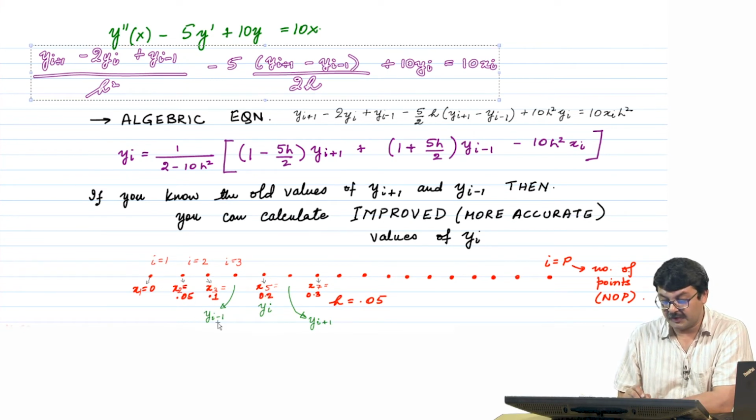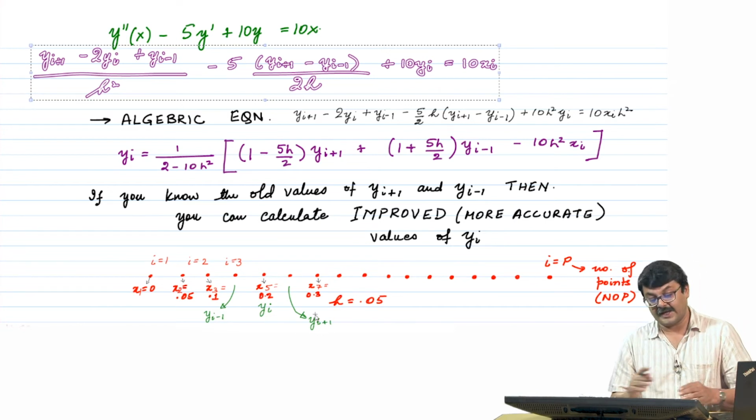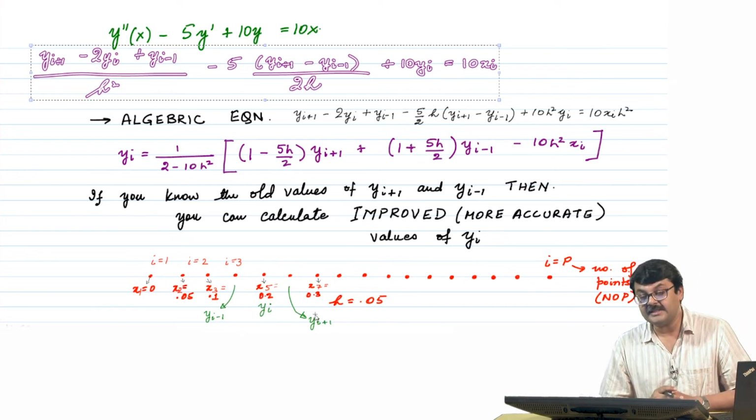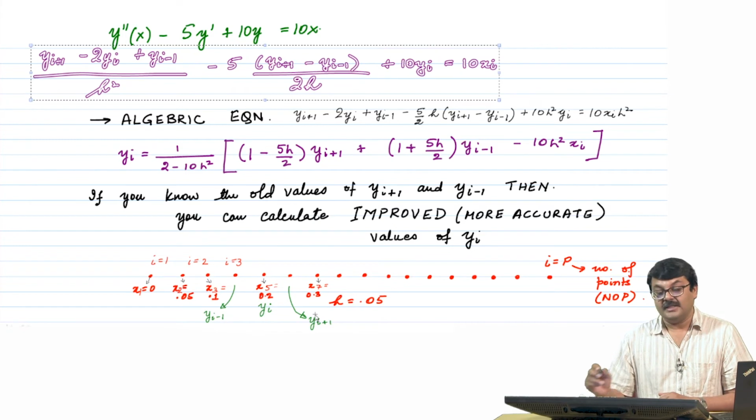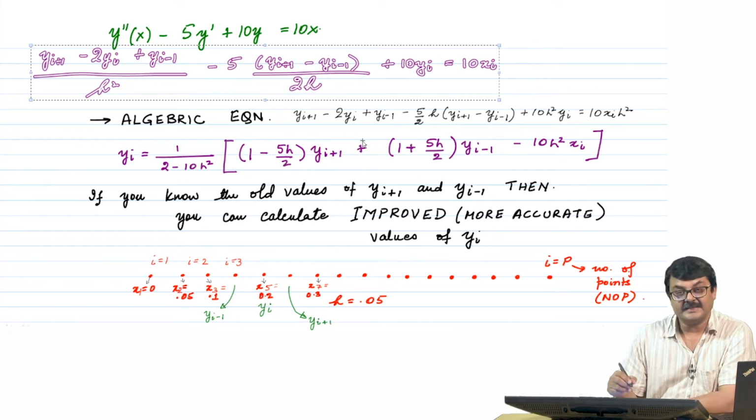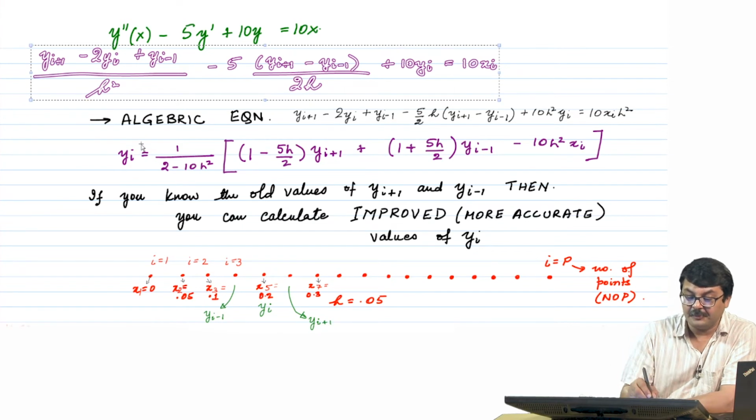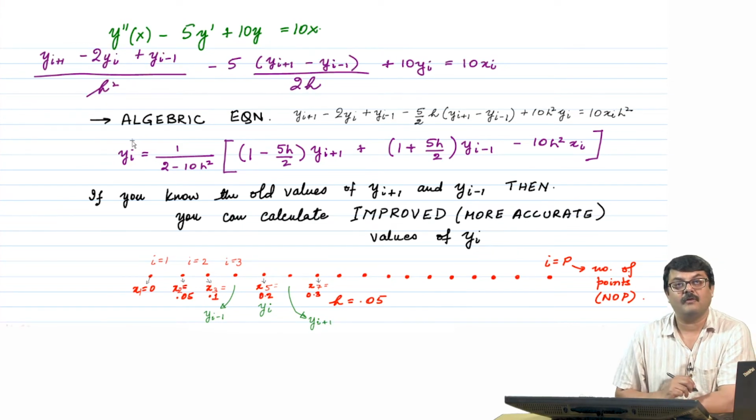At each point you have a guess for the value of y I, y I minus 1 and y I plus 1 over the entire range. You have an initial guess solution, and using that guess solution you calculate an improved value of y I over the entire range.